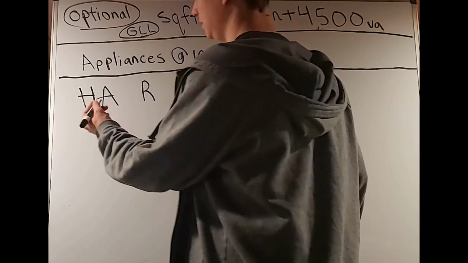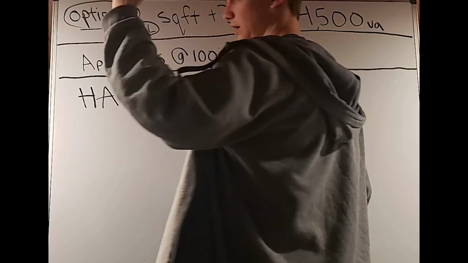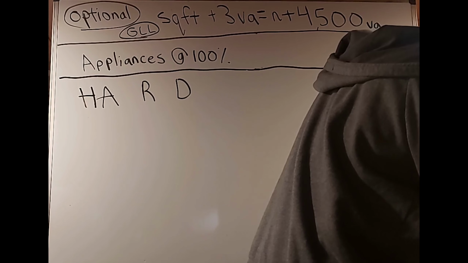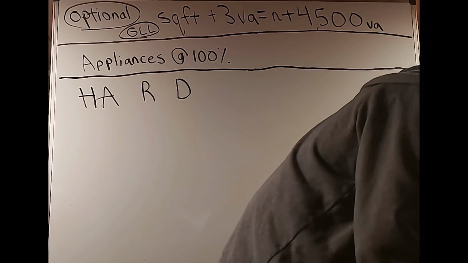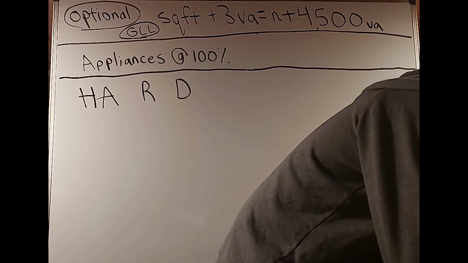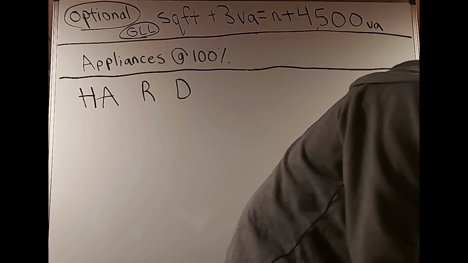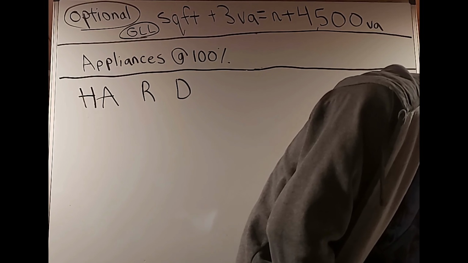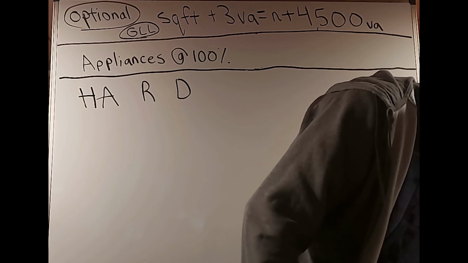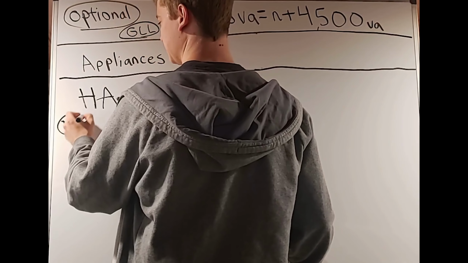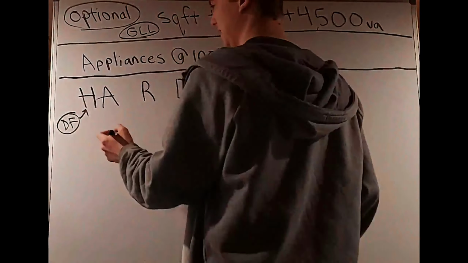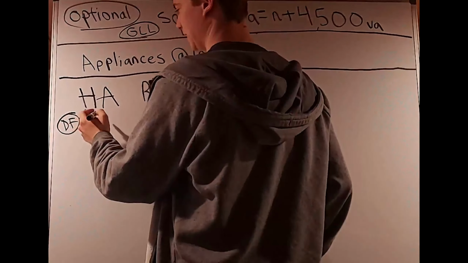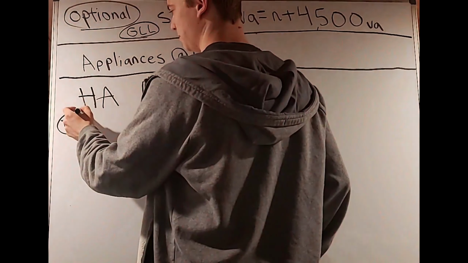You need to check your heat for some demand factors. If they mention supplemental electric heating, there are demand factors for that. And if you also see separately controlled units, there are demand factors whether you have less than 4 or more than 4. So basically check for demand factors on your heat. You'll see with AC there aren't really demand factors. And then of course you pick the bigger of the two.